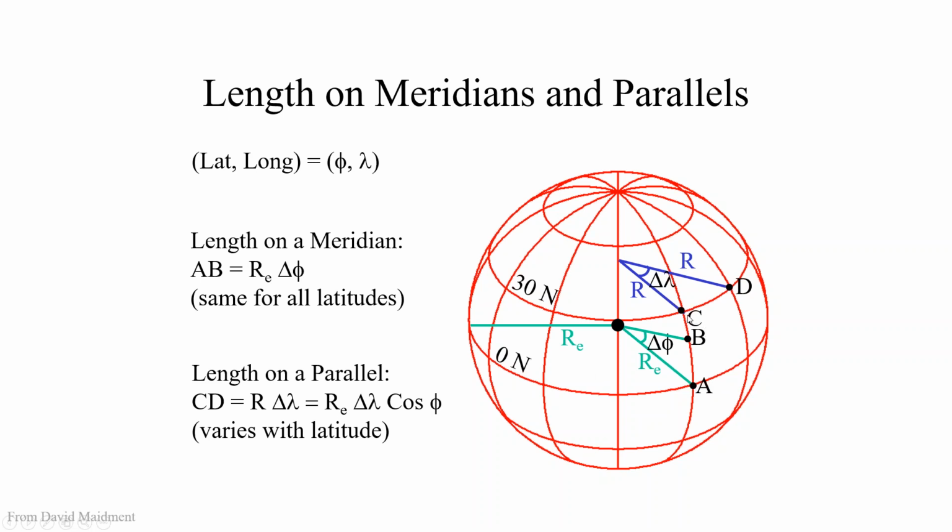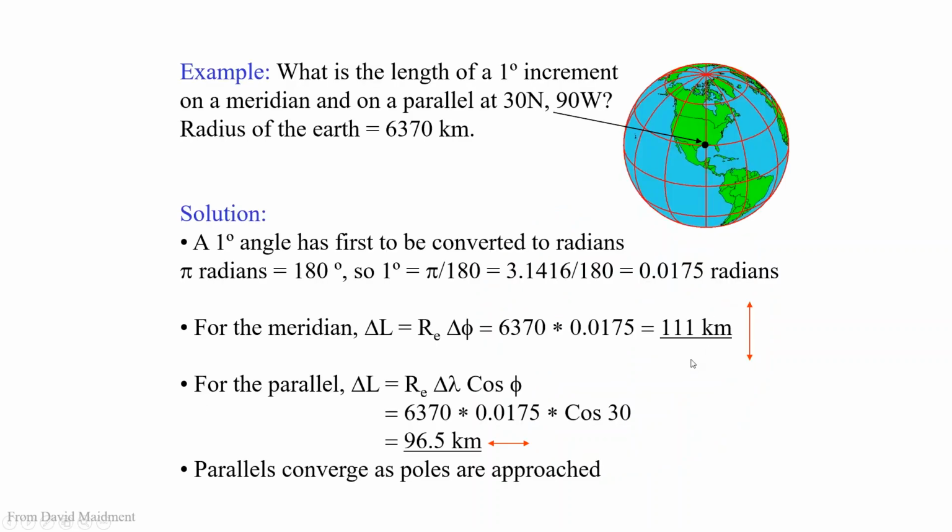For calculating lengths on a parallel of latitude, you take the radius of the Earth at that latitude, which is the actual radius of the Earth times the cosine of the latitude, and then multiply by the change in longitude. So the effect of that is that as you get further north, the same distance gets smaller.